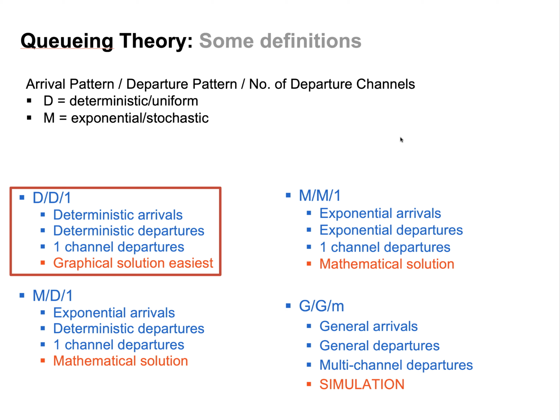The simplest type of queuing analysis occurs at what's called DD1 queuing discipline, which means a uniform or deterministic arrival function and a deterministic or uniform departure function with one channel. So this is what we can illustrate graphically. We'll say a few words about some of the other types of queuing disciplines at the end, but DD1 is what we'll focus on for these upcoming examples.